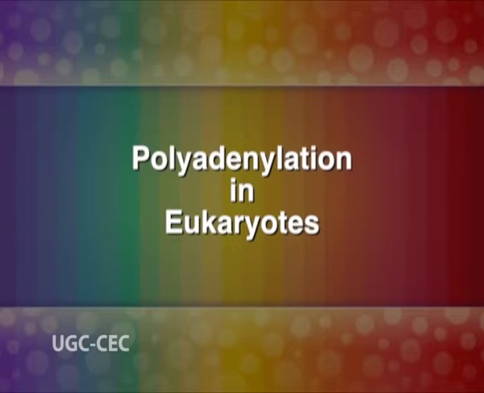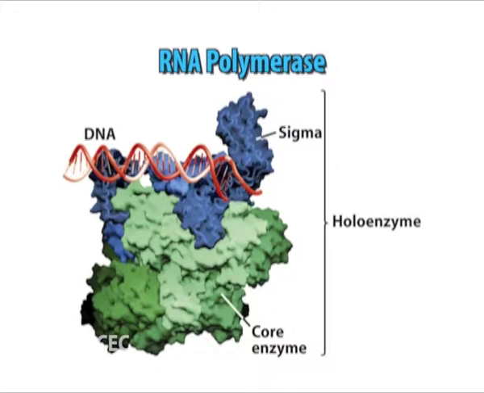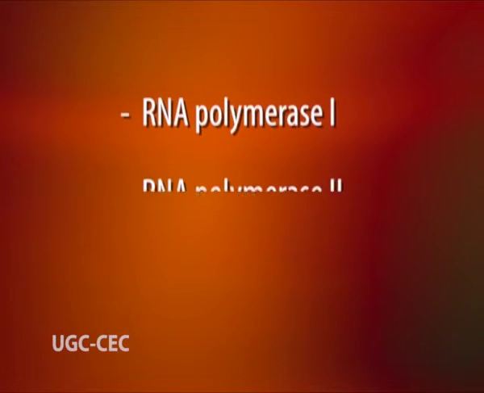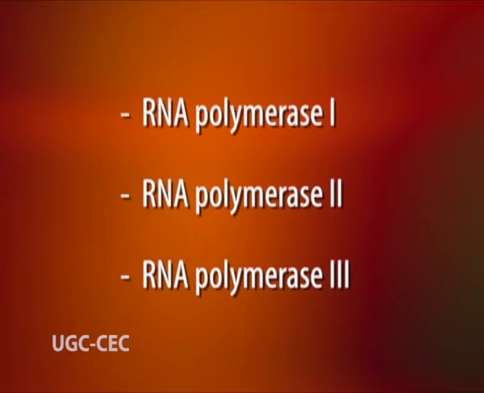Now, polyadenylation in eukaryotes. Eukaryotic cells have 3 types of RNA polymerase, which are called RNA Polymerase I, RNA Polymerase II and RNA Polymerase III.